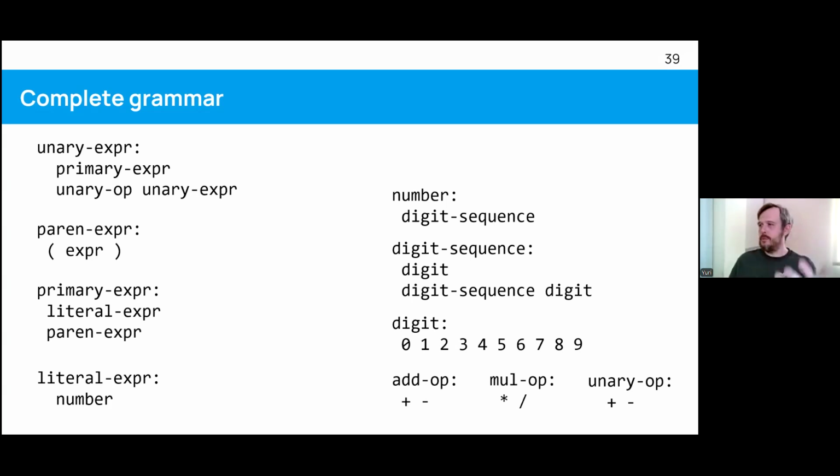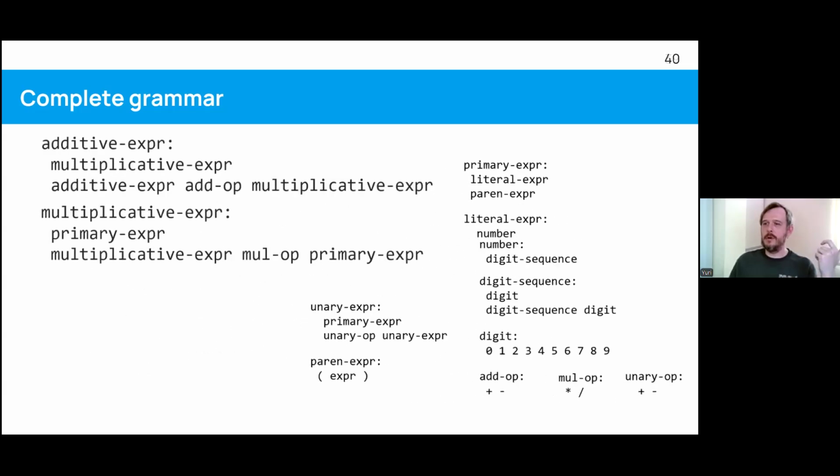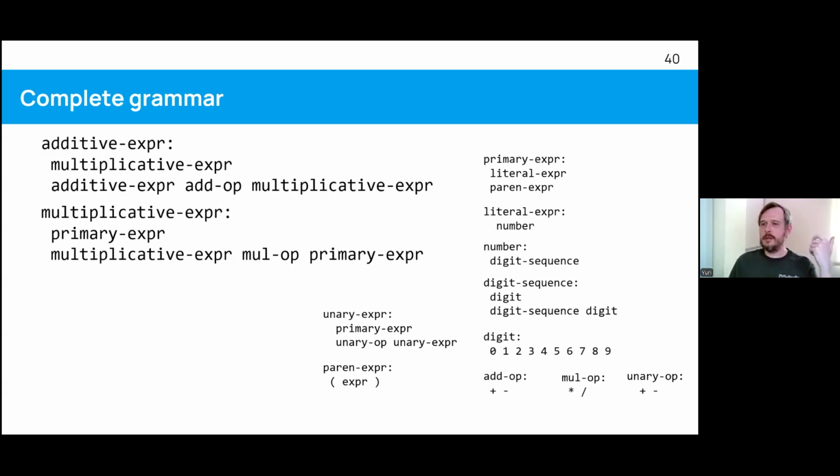We also have unaries, and we have additive and multiplicative kind of expressions. And looking at it, in multiplicative, we should have a unary instead of primary.